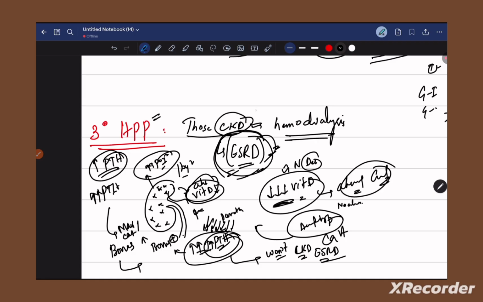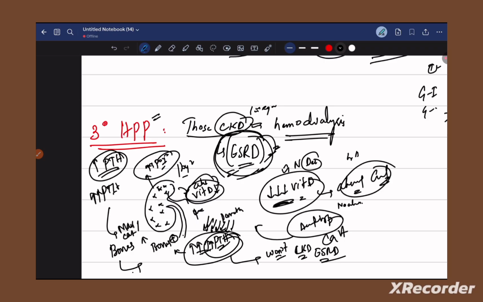Since there will be no vitamin D synthesis, it will cause decreased calcium absorption from the gut, and that will stimulate the parathyroid gland to secrete a lot of PTH, and that will only go to the bones and will cause the massive absorption of calcium into the blood. Okay, so this is the tertiary hyperparathyroidism.